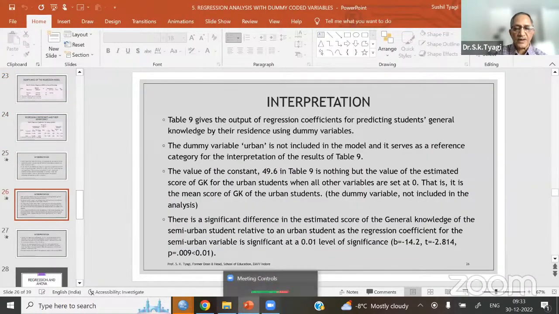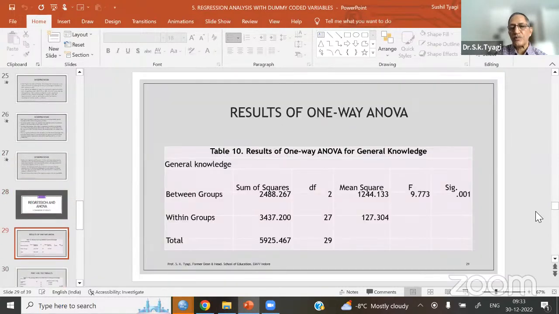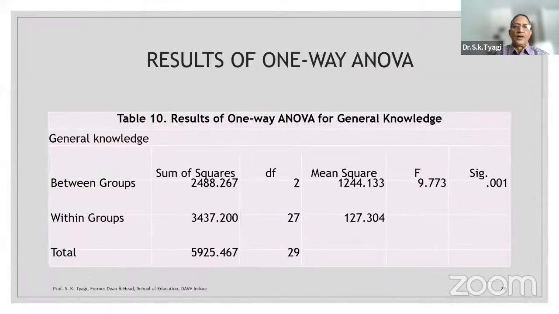Now, what does it mean? How do we interpret it? Those of you who already know what one-way ANOVA is will be able to interpret it. This says that there is a significant difference in the mean scores of the three groups: mean score of general knowledge of rural, urban, and semi-urban students, because this F value is significant.